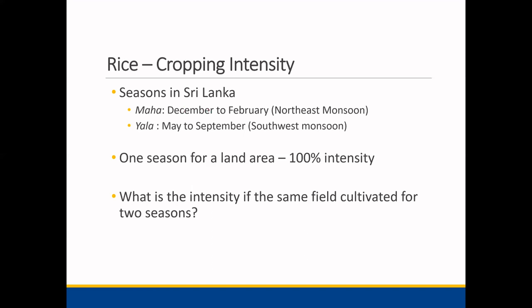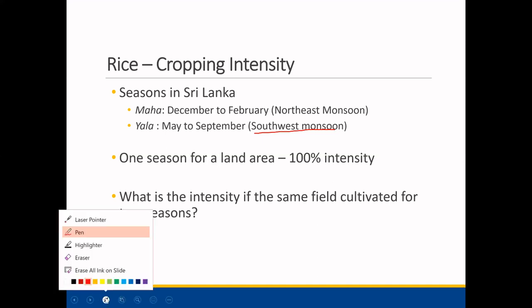The first one is Maha, along with the northeast monsoon. And then the Jala season, roughly May to September, because of the southwest monsoon. So we have two major rainy seasons, and the rice production seasons are also aligned with that, because rice requires a lot of water. Because of that, we have to align the production with the seasons, especially when we cultivate it as a rainfed crop.